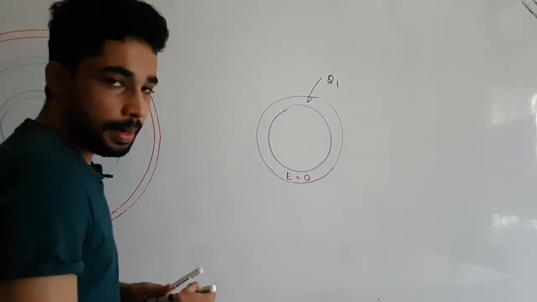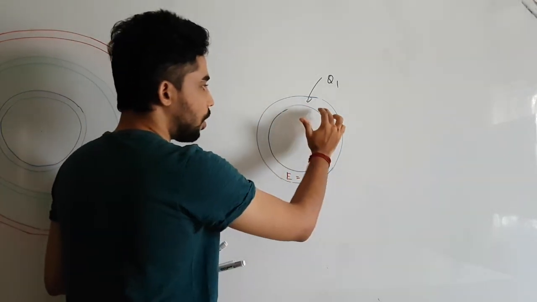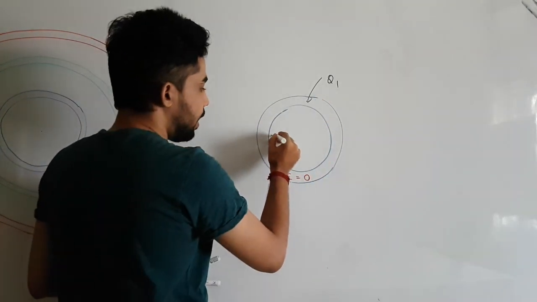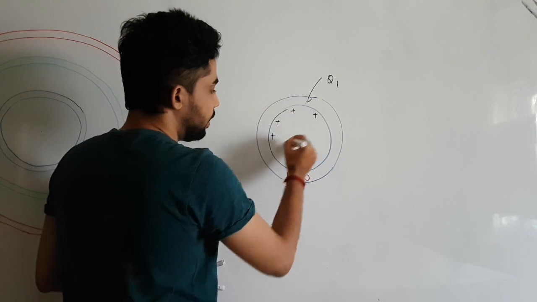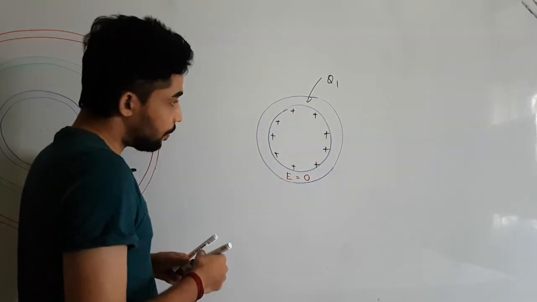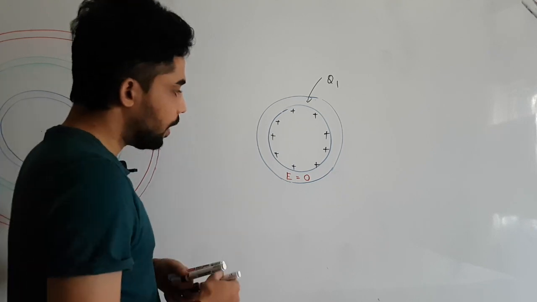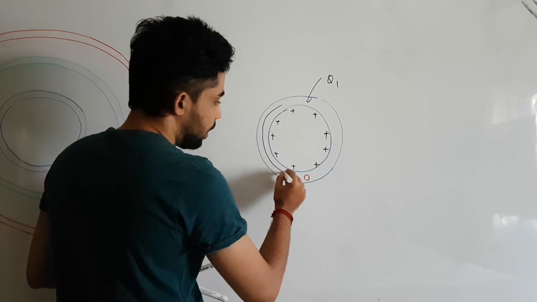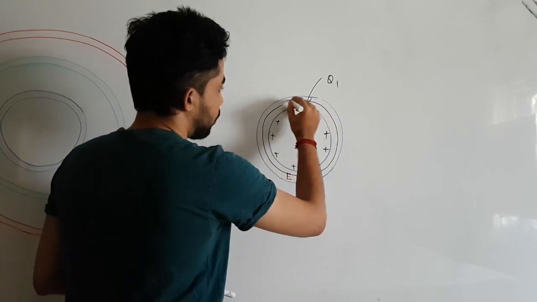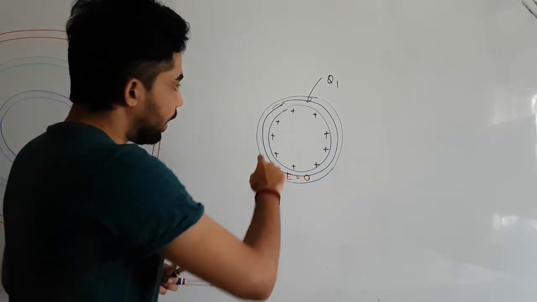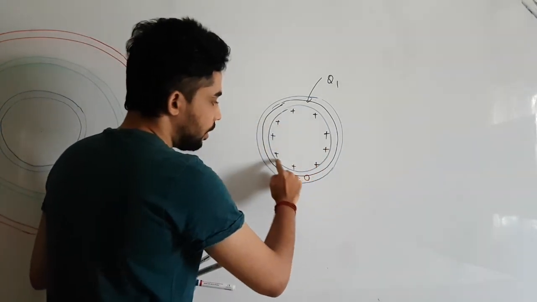Now does it come onto the inner surface of the sphere or the outer surface? Let's understand that. Say it comes onto the inner surface of the sphere like this. If we take a spherical Gaussian surface inside the conducting shell, it would enclose the Q1 charges.